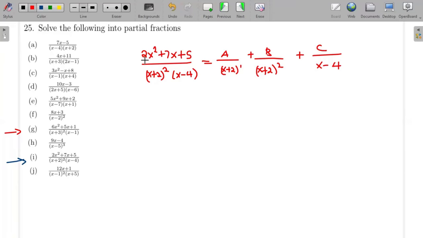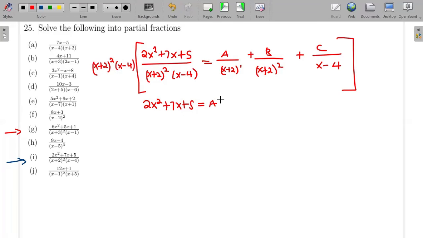So now we multiply this throughout by this denominator here. If I multiply this whole thing throughout by this denominator, this denominator will cancel out. So we are multiplying by (x plus 2) squared and then (x minus 4). So I'm going to get 2x squared plus 7x plus 5 is equal to, if I multiply this with this, one of the (x plus 2) cancels out.